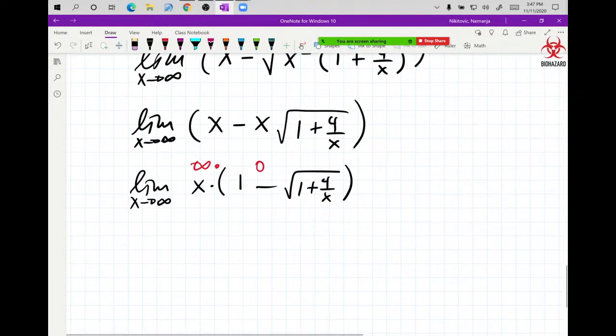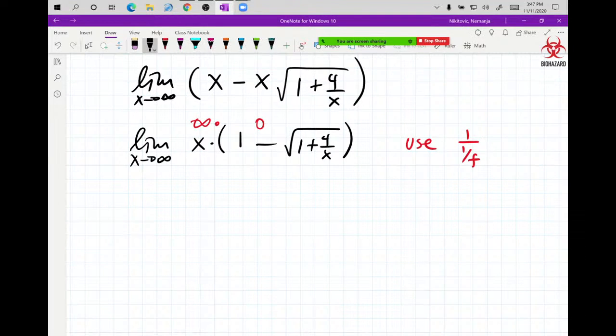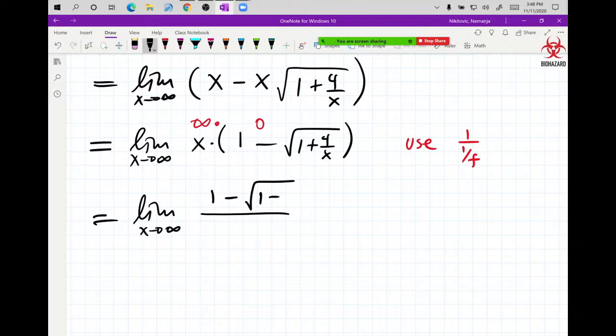Now we use 1 over f to switch this into 0 over 0, and we can finally use L'Hopital. So limit x goes to infinity, like each one of these is equal, right? And now I have my 1 minus square root of 1 plus 4 over x, and the bottom is just 1 over x. Remember, that's the one that I want to push down, so x becomes 1 over x by the rule above.